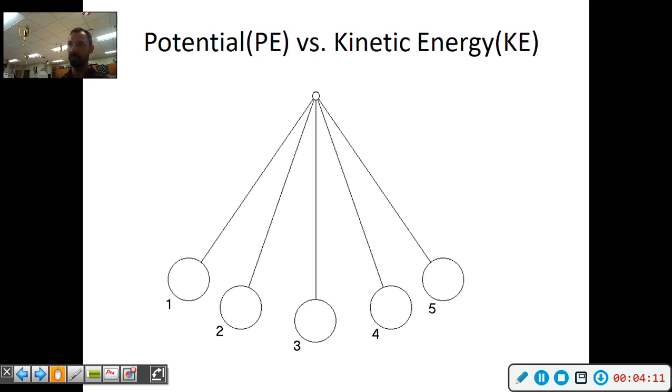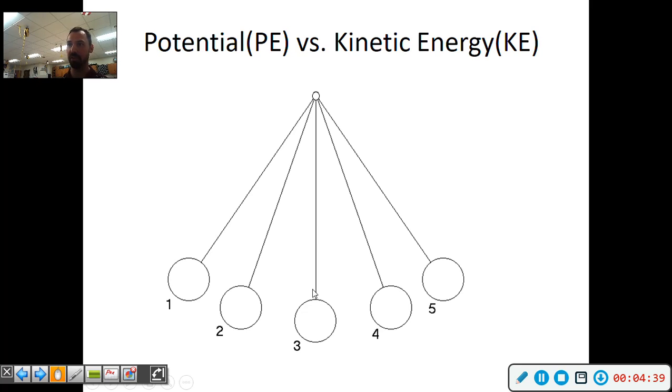So a pendulum, same example. With the Newton's cradle, you pull it back. At position 1, it has a higher potential energy. When it gets down to 3, it has kinetic energy. Then it gets back up to 5 again, where it will have potential, and it stops for that split second. Where it stops, where it's at rest completely, is where the greatest potential energy is.